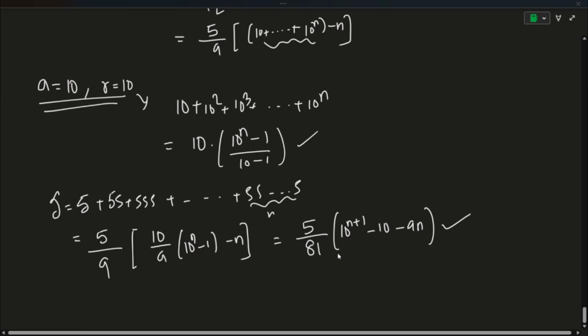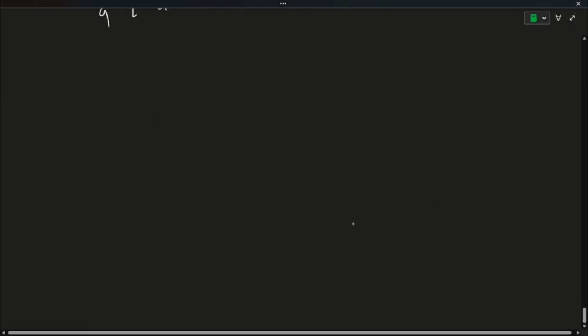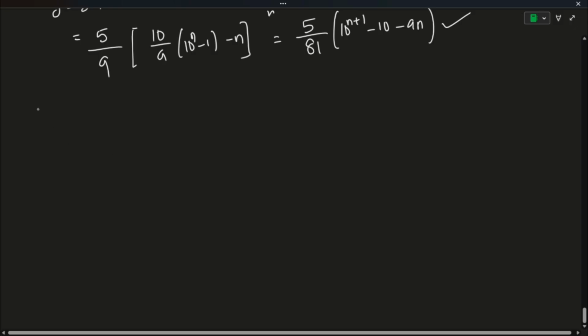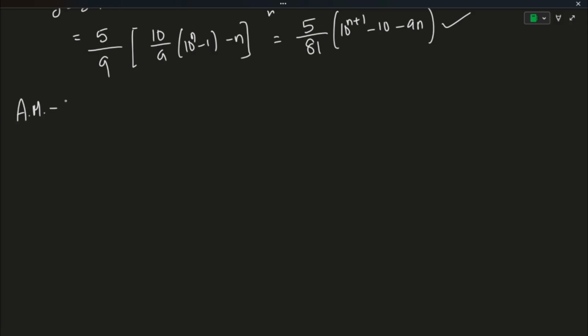So now we want to do a few simple things here. Before proceeding to HM, we should know about the AM-GM inequality. For n positive reals, this only works with positive reals, okay?